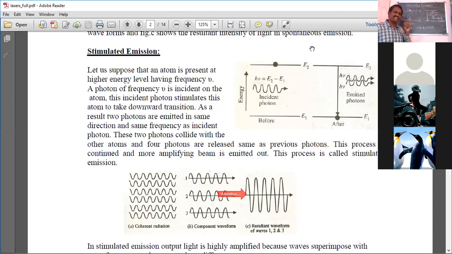It means the intensity of the light is being increased. One of the characteristics exhibited by laser is a very high intensity beam of light. So stimulated emission is the process by means of which laser can be obtained.